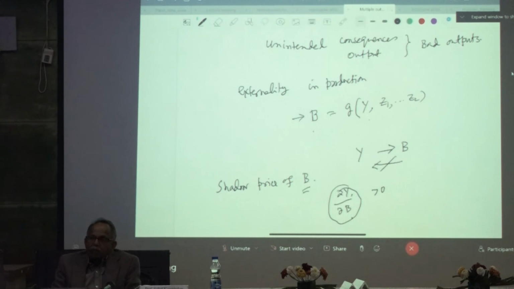Recently I wrote a paper with a PhD student. Again, in that application we use banks. Bank is not the best example, but in that example banks are producing some outputs. These are different types of services, and then the bad output is the bad loans that they have, the loans that they are not able to recover.